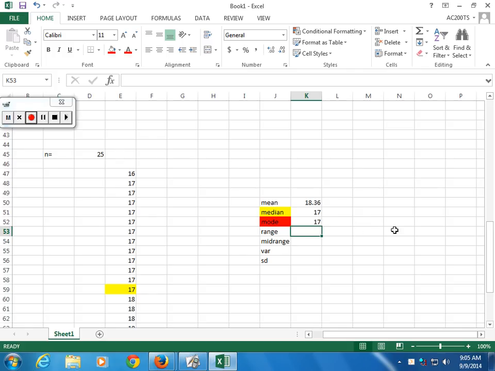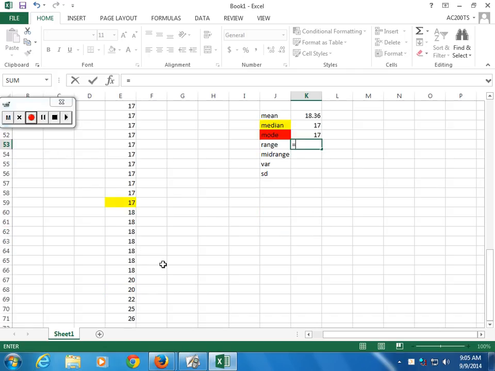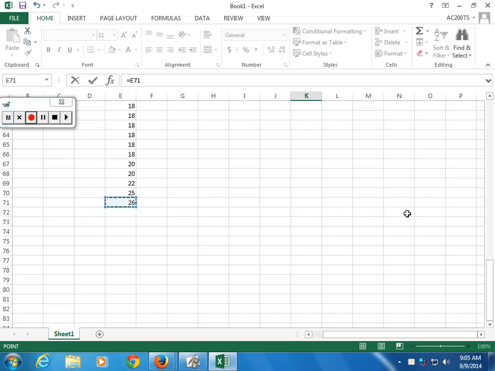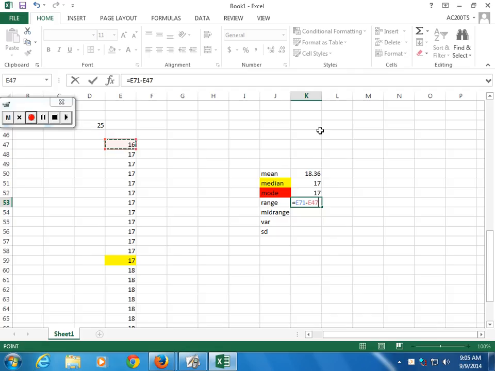Range is your highest minus what? Minus lowest. Mid-range is that number divided by what? Divided by 2. Well, no, that's not right.